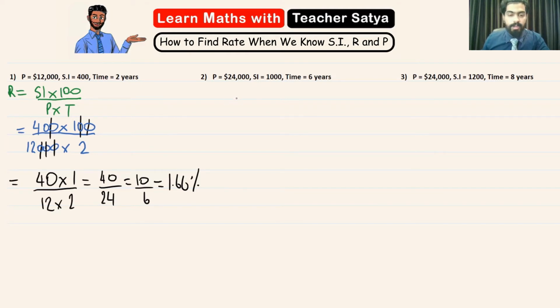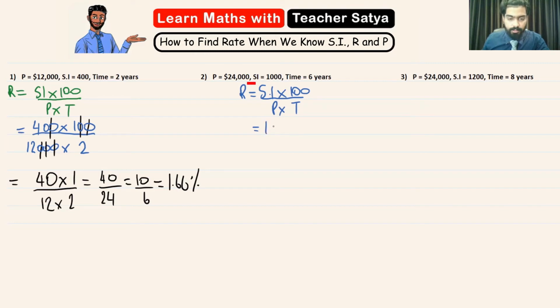Again, we are finding for the rate per year, so let's start out by writing the formula. R is SI multiplied by 100 over P times T. Alright guys, now let's substitute what we know from the question.